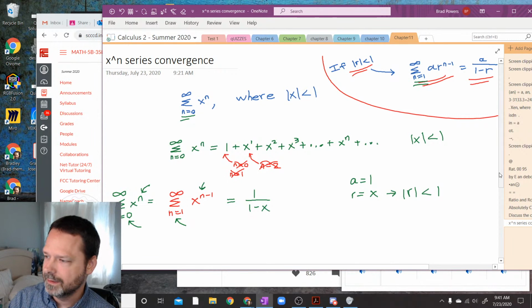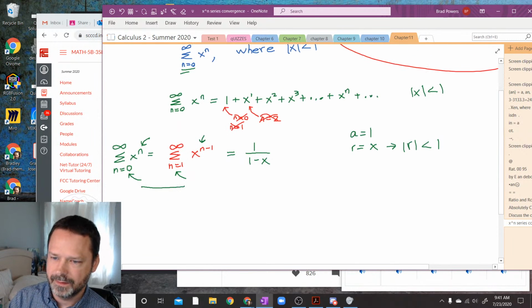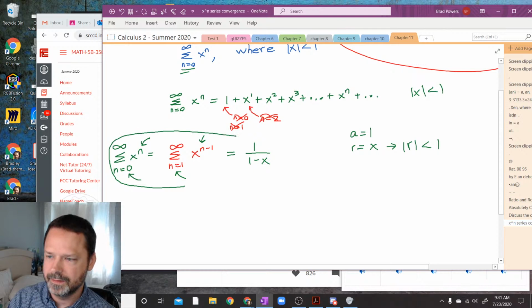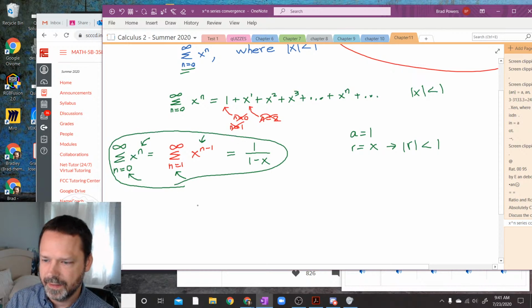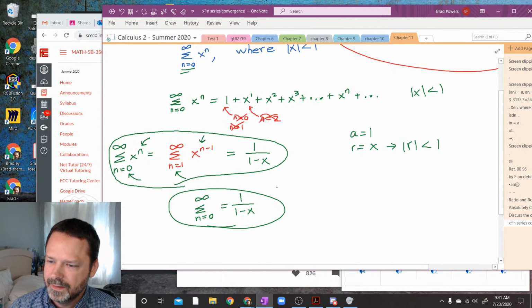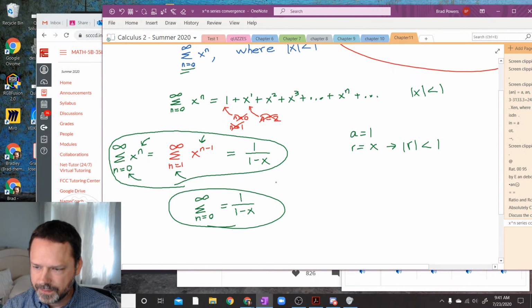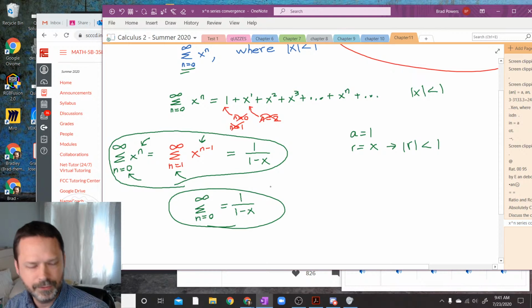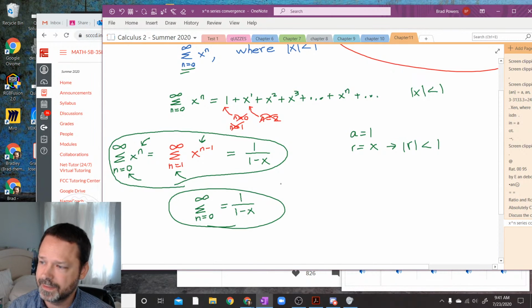Bam, we got it. This is a very nice result. And just to sum it up, the sum is 1 over 1 minus x. There we go. Very good result. It will be useful later on, so keep that in mind.